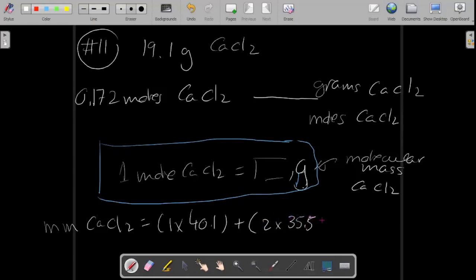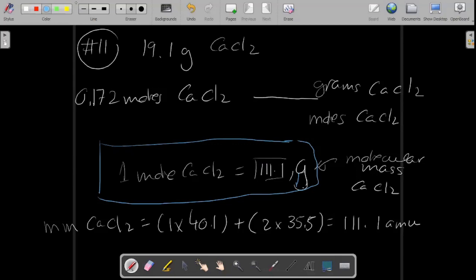I didn't put AMUs because I don't have a lot of room, but that's what we're calculating. So the total is 111.1 AMUs. And I said, change these, call it grams. So 111.1 grams is 1 mole of that substance.